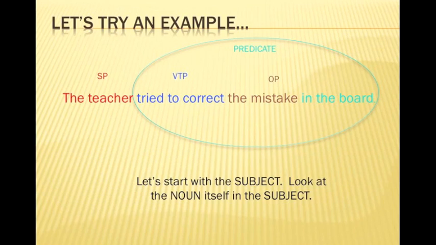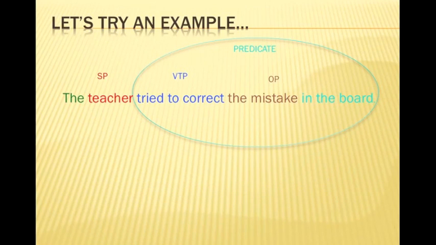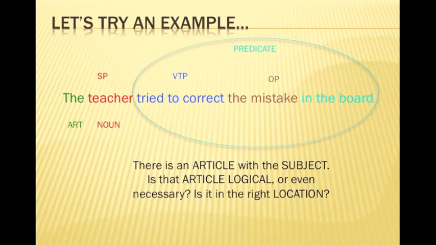So let's go back and actually look at the subject. Let's try to identify the noun itself. In this case, we notice that the subject phrase is a combination of the article and the noun. Now, notice the process of questions we're going to ask ourselves. Is this article logical, or is it even necessary? And is it in the right location? For example, can you say the teacher?